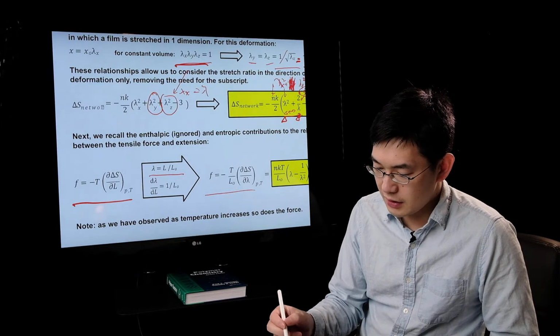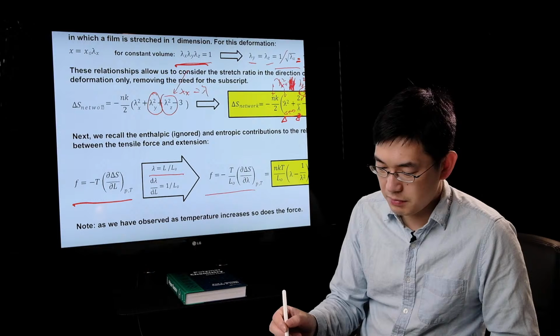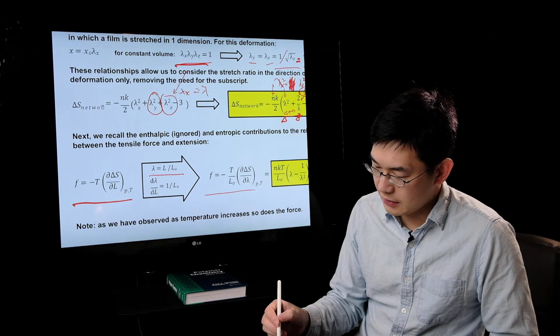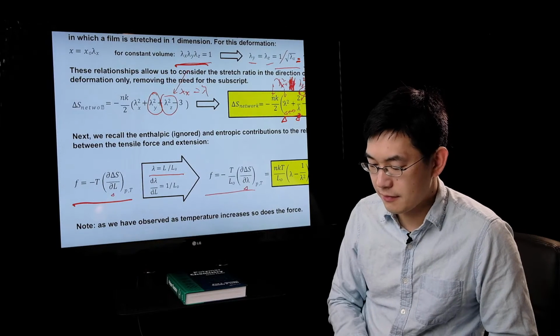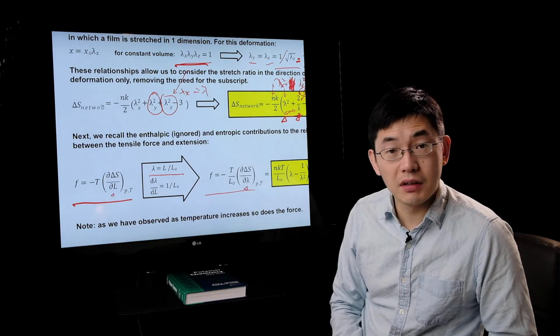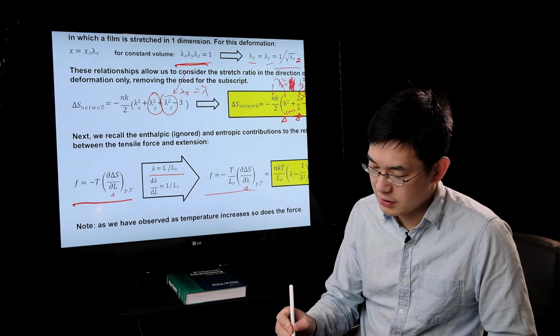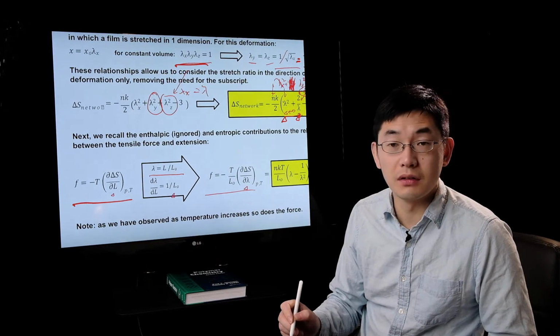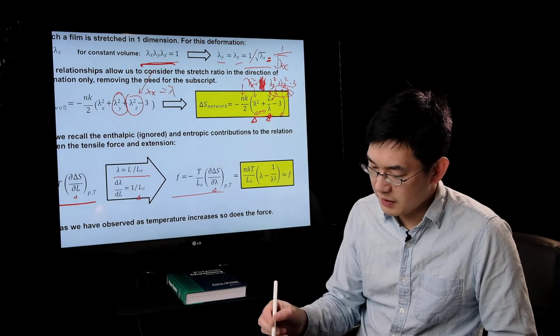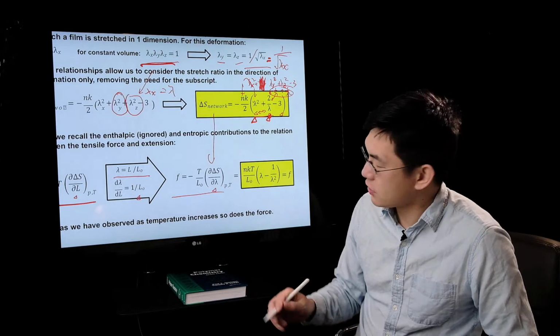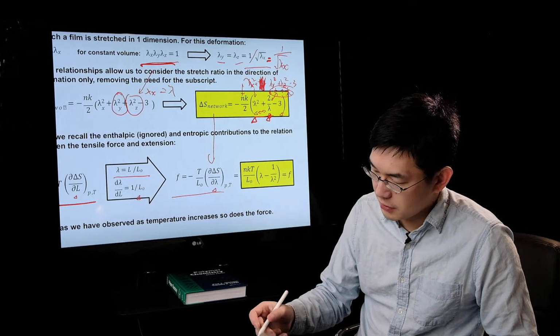We need to get the lambda with respect to L, and convert this L to delta lambda. The delta L, delta lambda relationship is quite straightforward. It's just related to the original L0. So, here you go. We apply this particular entropy term into here. This is what you would get.